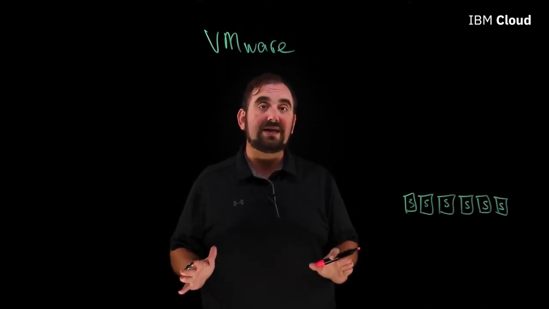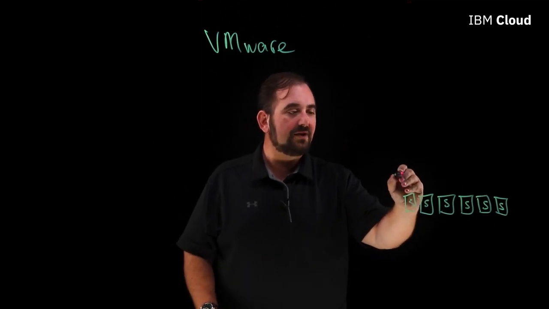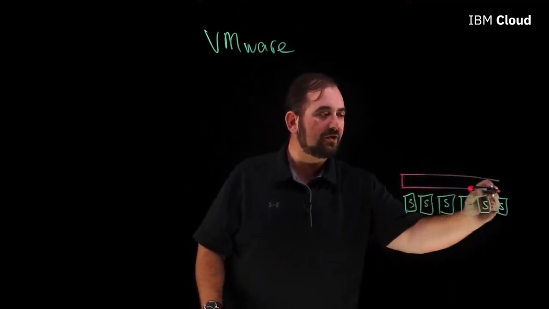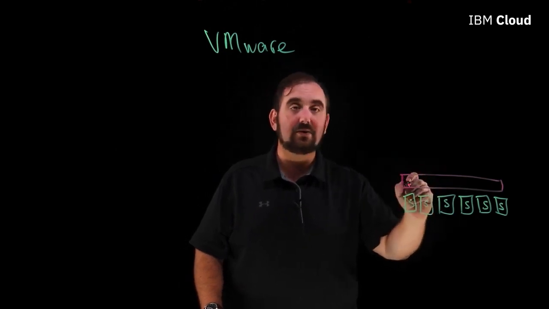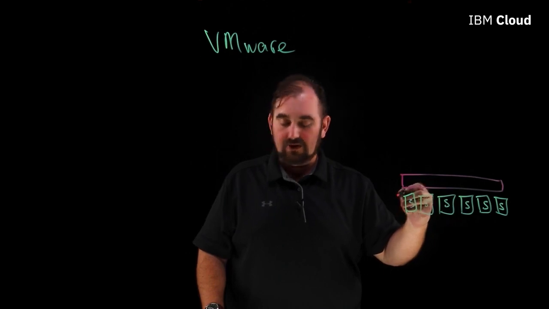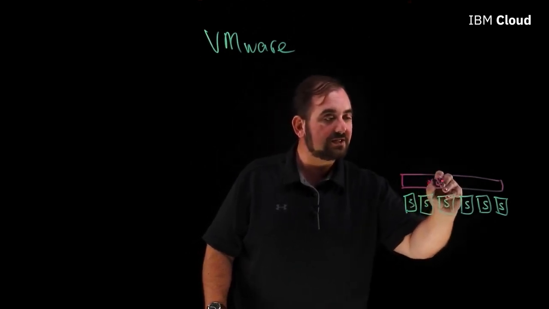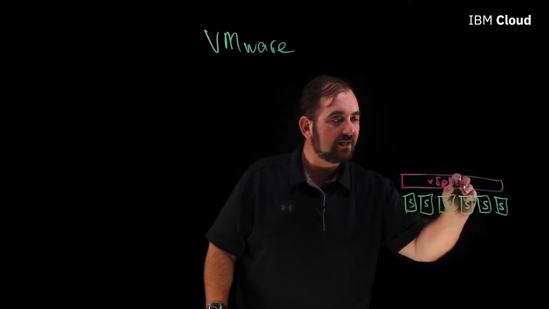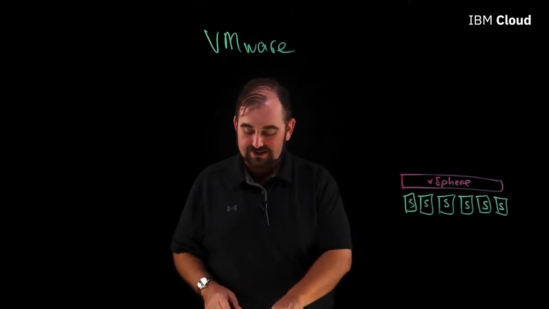The first 3 pieces, and these are the most important ones, are going to be the 3 layers that sit on top that virtualize our IaaS solutions, right? So that first piece is going to be virtualizing the compute piece. This used to be called ESXi, and now it's called vSphere. So vSphere is what is going to virtualize the compute piece.